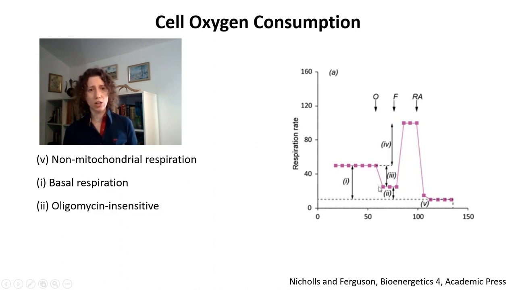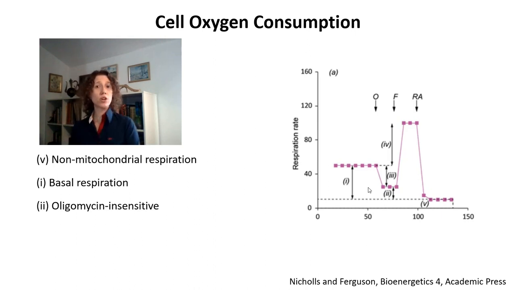When you add oligomycin, you can measure a value which is going to be the respiration that still is maintained even in the presence of oligomycin. So this is oligomycin insensitive respiration. This means that this respiration is independent of the activity of the ATP synthase, which was inhibited by oligomycin. Oligomycin insensitive respiration is a reflection of the proton permeability of the inner mitochondrial membrane.